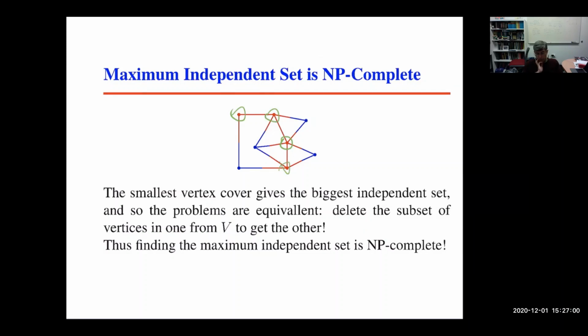If I do this, every edge has some red on it. If I take the blues, this and this, I have an independent set. So everybody see that this is an independent set, and this is a vertex cover? Any questions? Okay, good. Any questions about vertex cover?